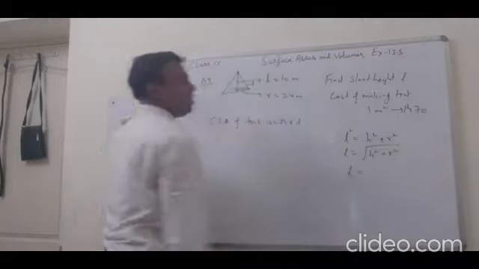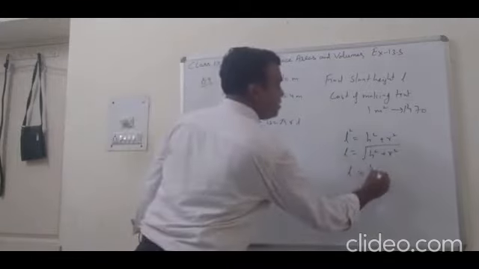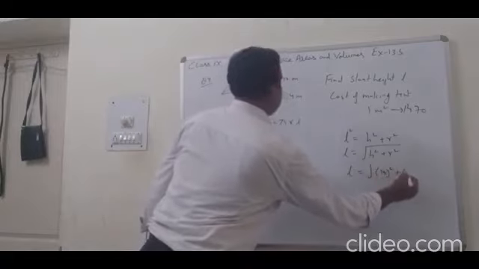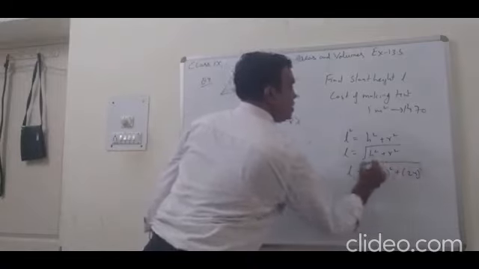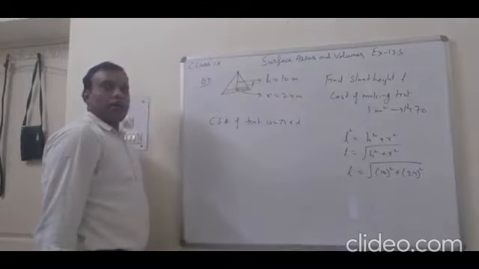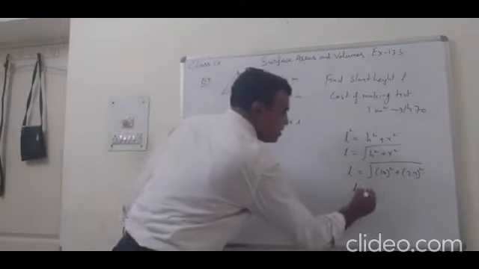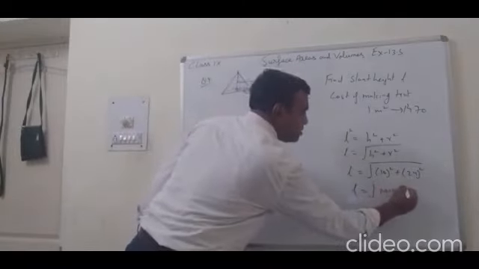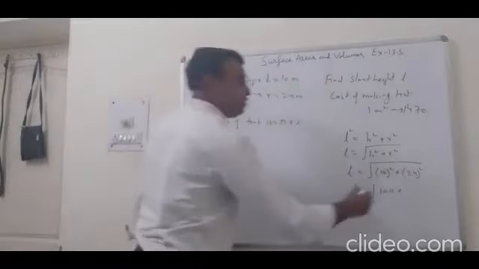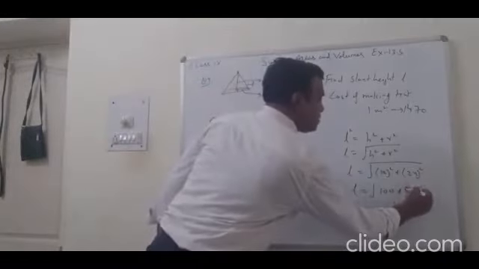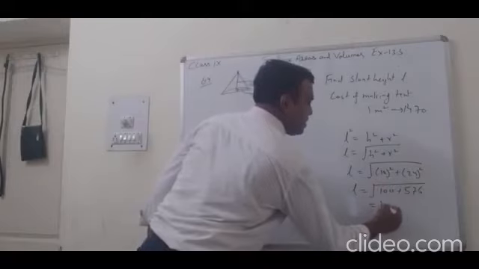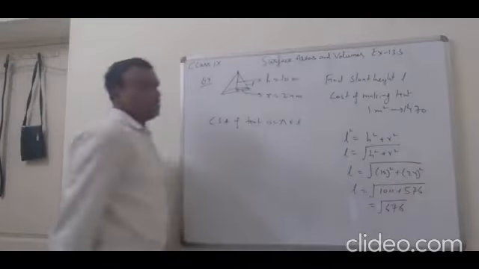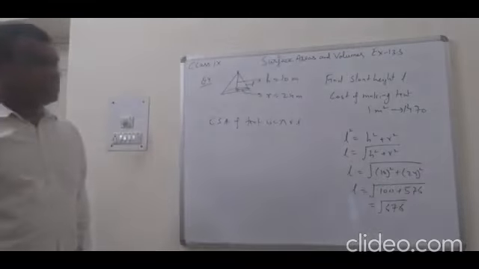So L is equal to, h is 10, 10 square plus 24 square. What is the square of 10? 100. 100 plus 24 into 24, 576. Now it is 676. What is the square root of 676?